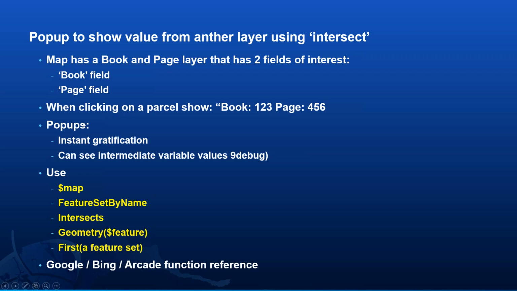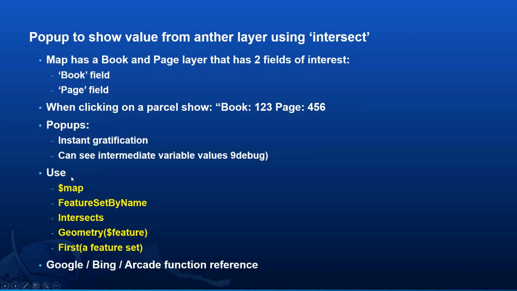The reason we're using pop-ups is that when you create a pop-up, you get instant gratification, you see the result immediately. It's also sometimes good if you have a complex expression to see what is actually being returned. Basically you're in a kind of debug mode, so you can return things halfway through just by adding a return value.